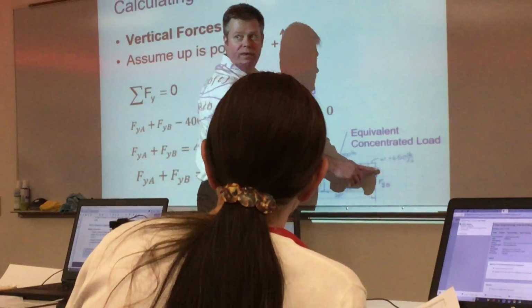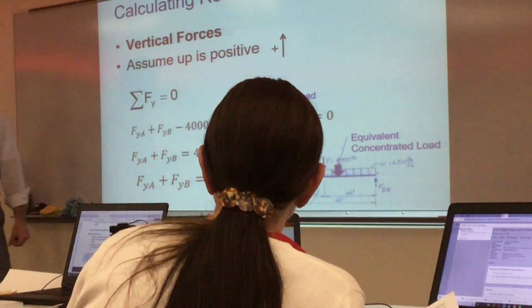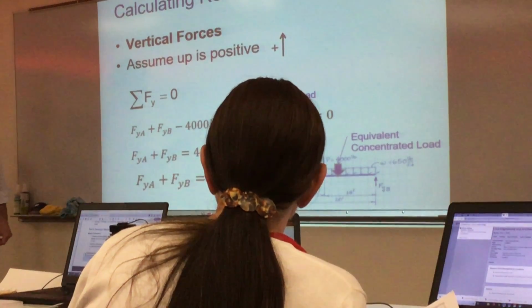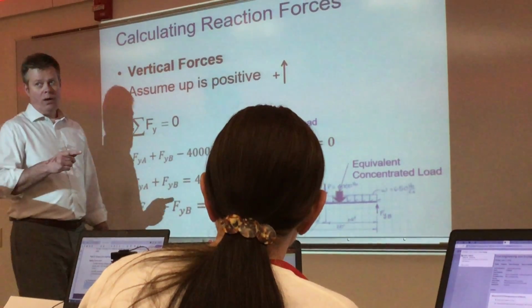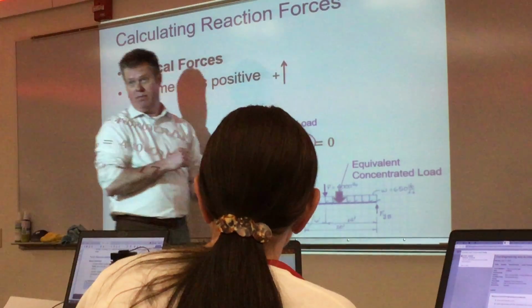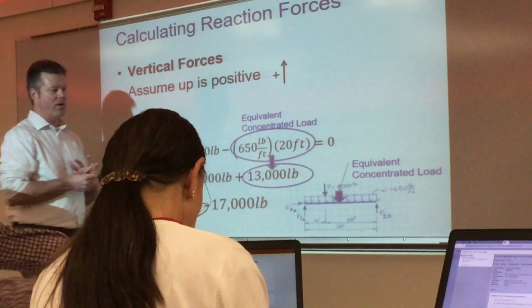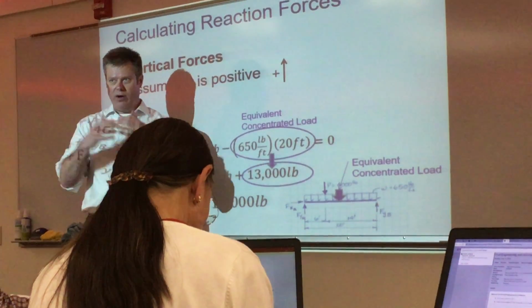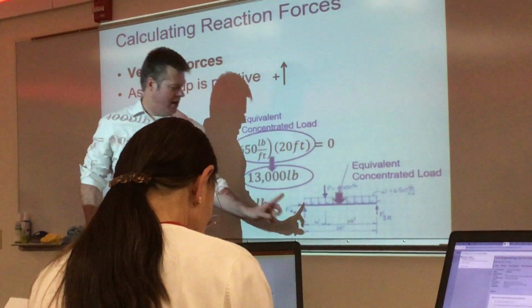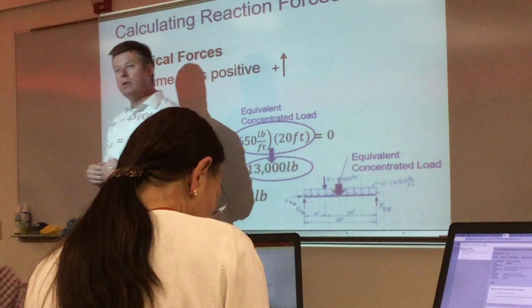Since it's applied externally, it's just force on the system, and that represents the tributary area. The linear part of it is that it acts along the length of the beam. That's why they call it a uniform load or a linear loading, because it's in units of per foot of the length of the beam.